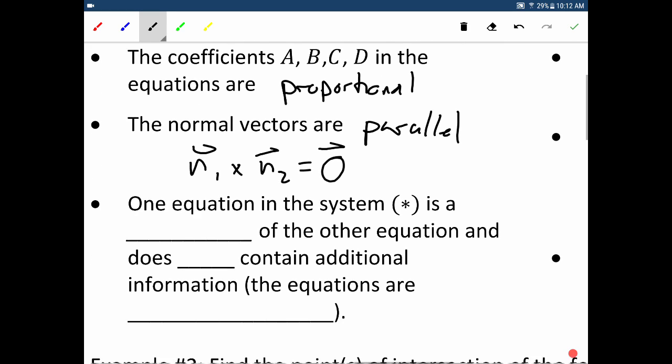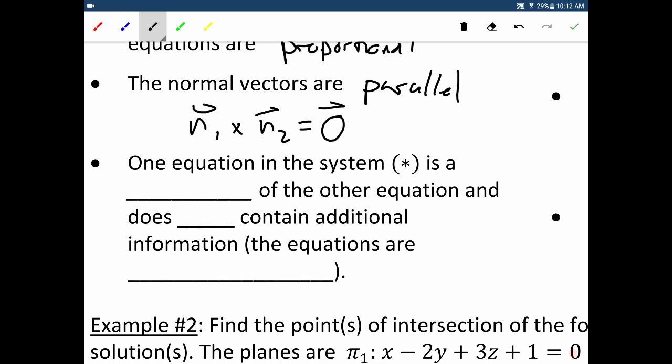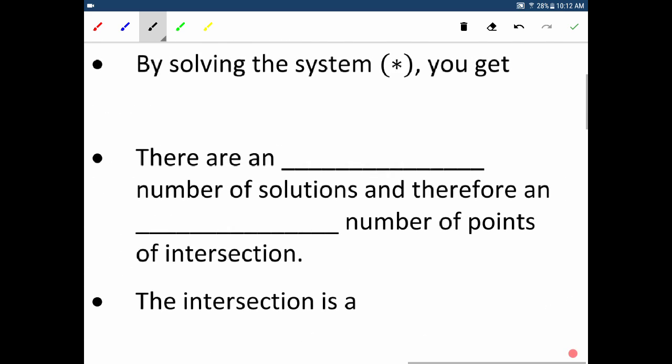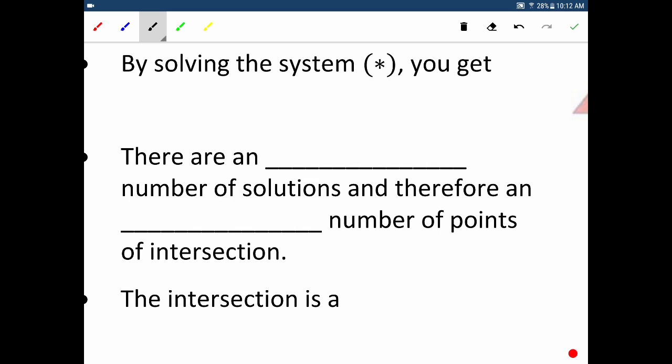One equation in the system is a multiple of the other equation and does not contain additional information. In other words, the equations are equivalent. So by solving the system, what you will get is a true statement.